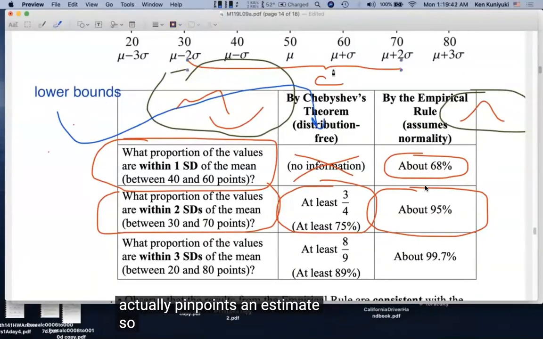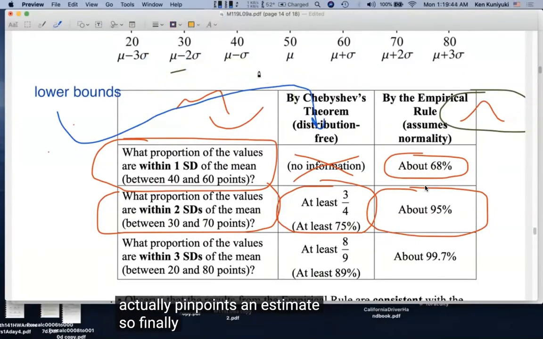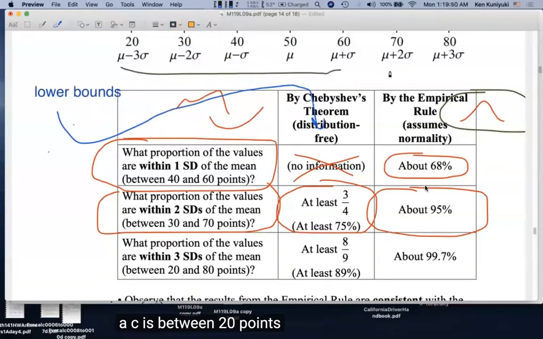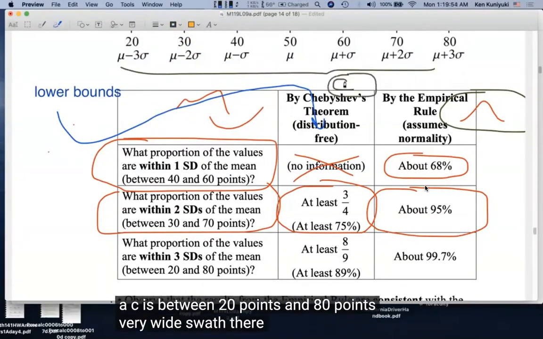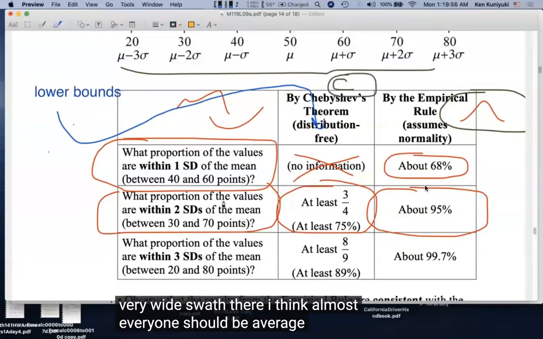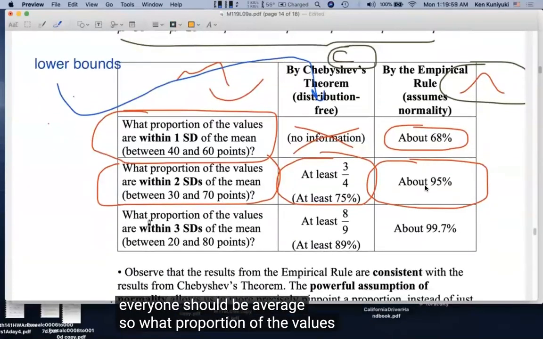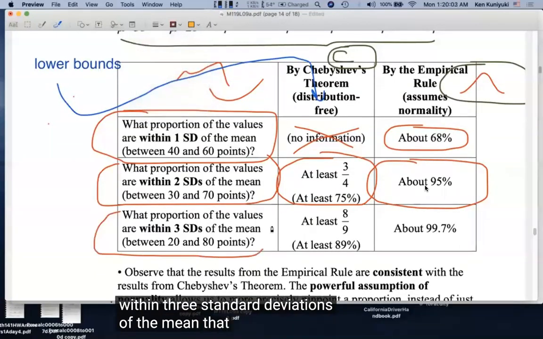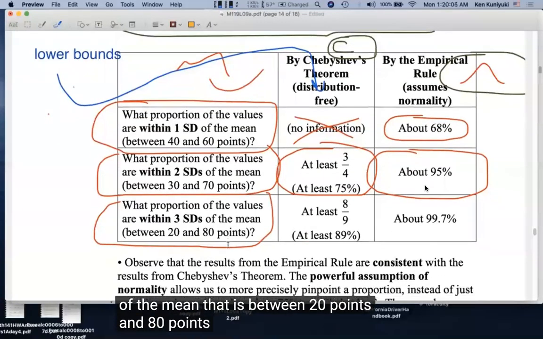So finally, let's say that I say that a C is between 20 points and 80 points. Very wide swath there. I think almost everyone should be average. So what proportion of the values are within 3 standard deviations of the mean? That is between 20 points and 80 points.